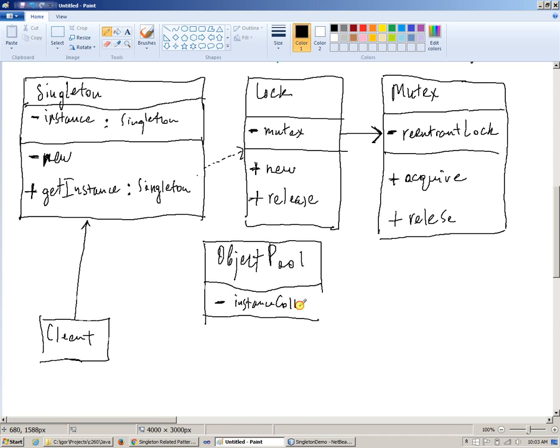So we can use it to manage a whole collection of objects of a particular type, right? That would typically derive from the singleton class, and the implementation adds other methods which deal with the object pool. So that's our next design pattern to look at.